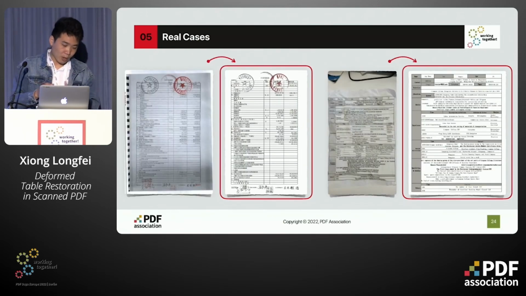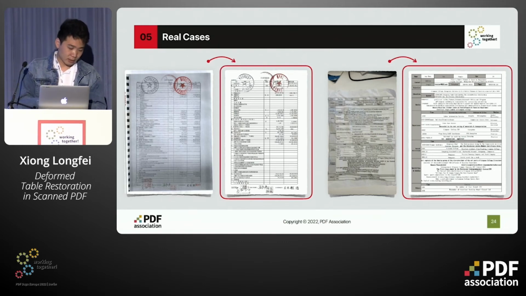And if we want to know the ultimate ability of this system, we can test it with even worse samples. The sample on the left is not only blurry, but has stamps and signatures. Meanwhile, the table lines are very dense and the texts are very small.